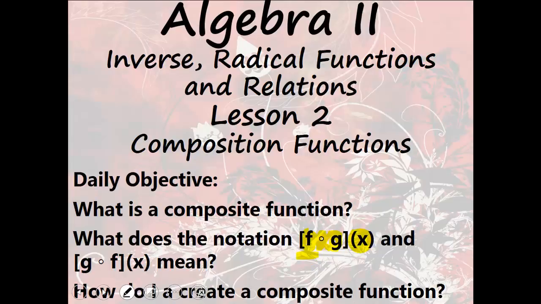This version down here, going in a different direction, is g of f of x. And we're going to figure out what that means, and then we're going to use it to create composite functions.